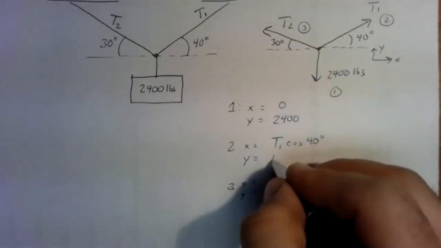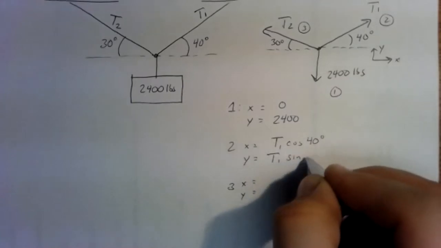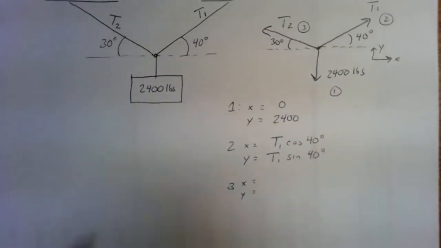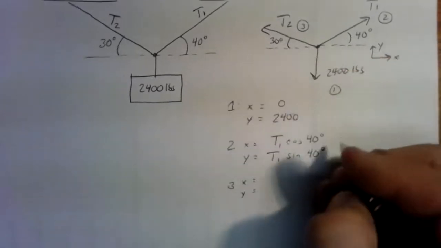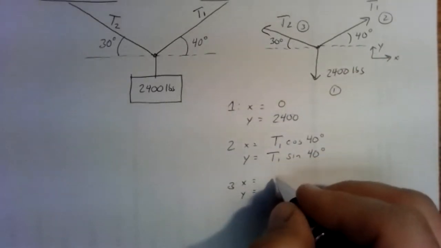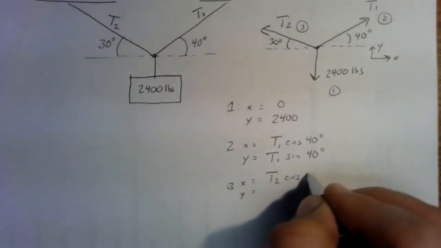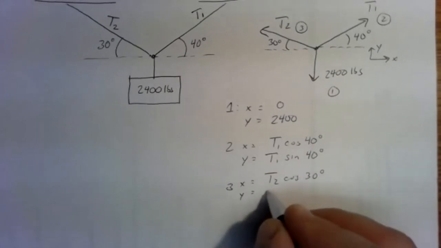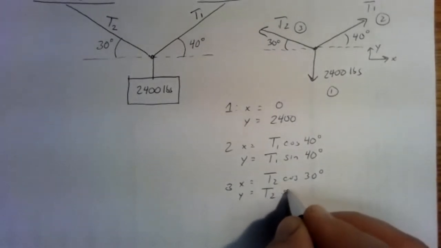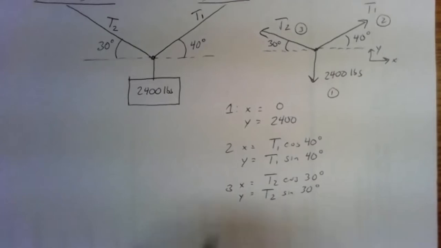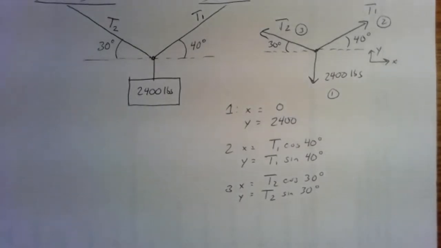Opposite goes with sine. So we'll say T1 sine of 40 degrees. And we'll do the same for vector 3. The horizontal piece is x, adjacent, so goes with cosine. So we'll have T2 cosine 30 degrees, and we'll have T2 sine of 30 degrees. Those are the components of our vectors.